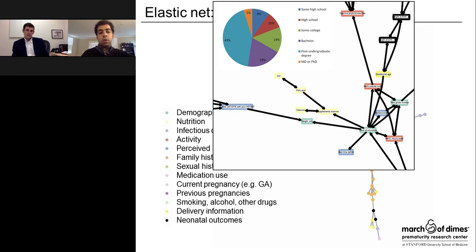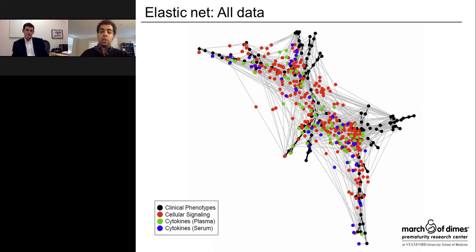We can then use this correlation network as a backbone. I'm going to change its color to black. And there is the backbone down there. And then you can project your entire multi-omics biological data set on top of that clinical backbone to simultaneously understand, for example, the impact of stress on various biological modalities and on pregnancy itself.